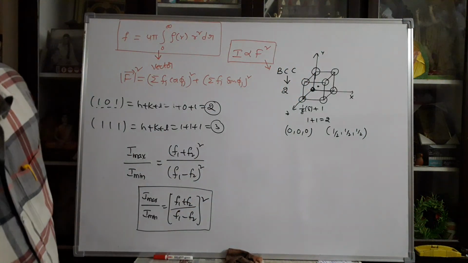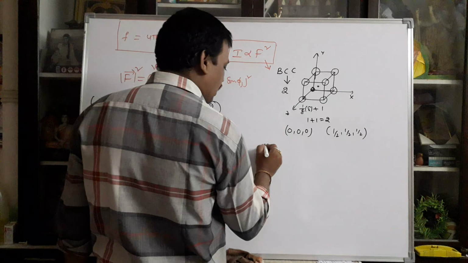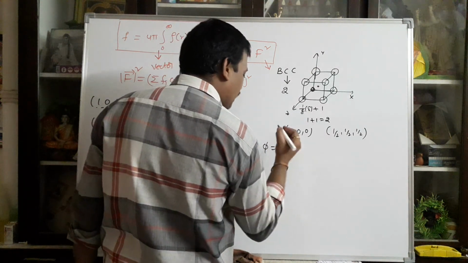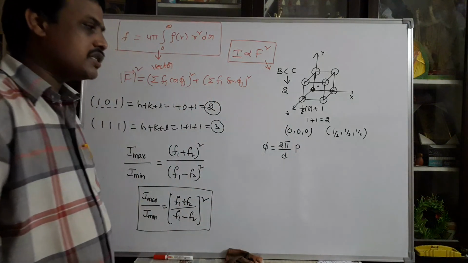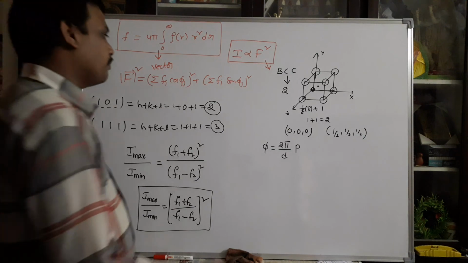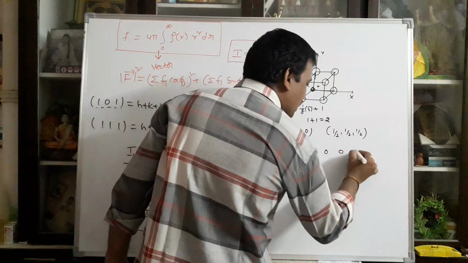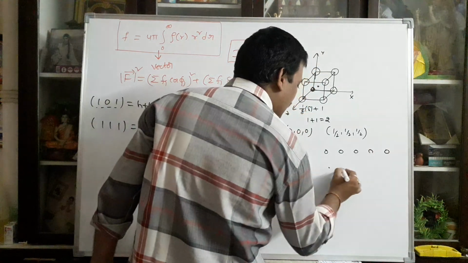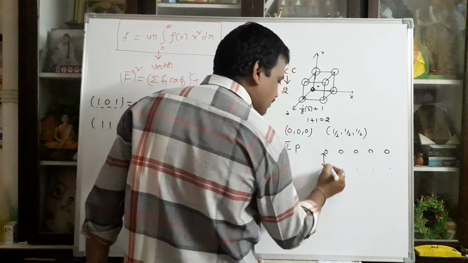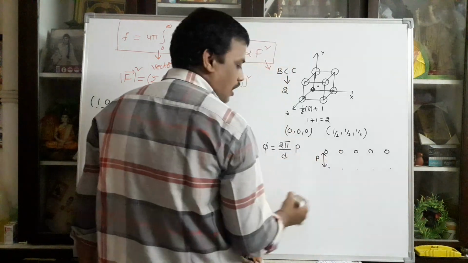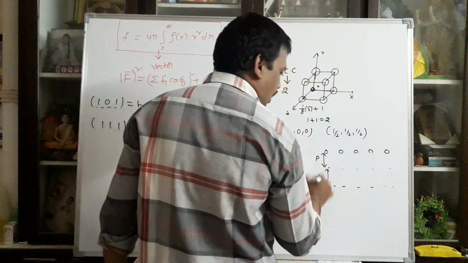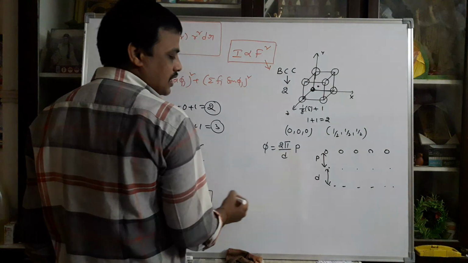Along that way, the phase difference is represented by phi equal to 2 pi by d into p. d is nothing but the interplanar distance, and p is the height between the basis and the lattice plane. I represent the basis as circles and the planes by dotted lines. The height of the basis from the lattice planes is p, and the lattice plane to lattice plane distance is d.